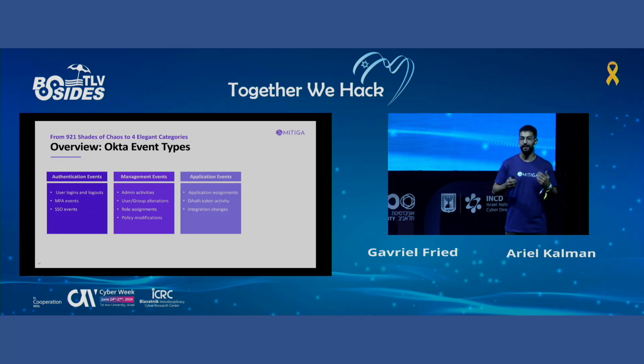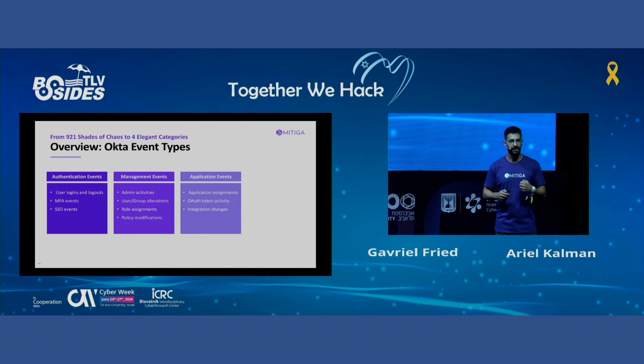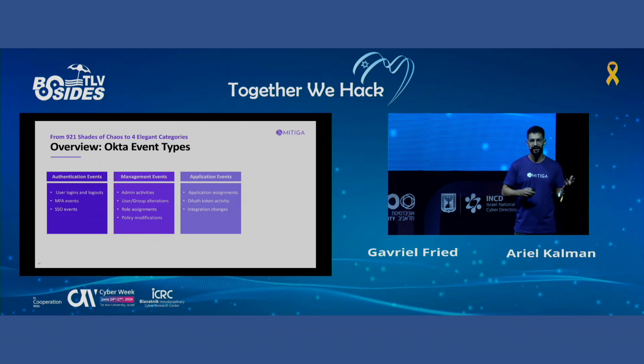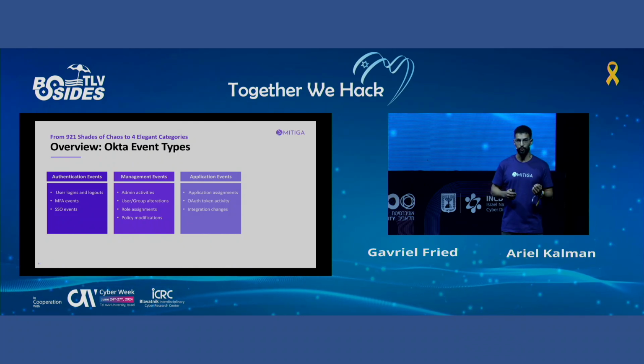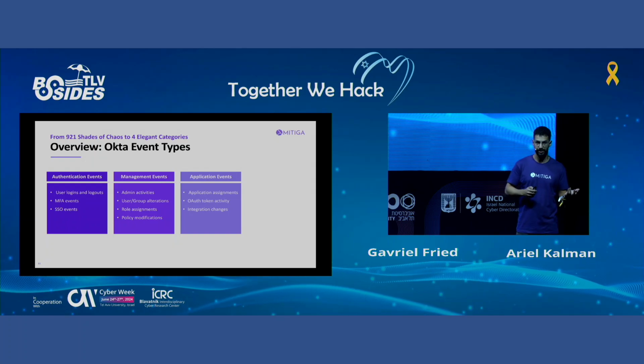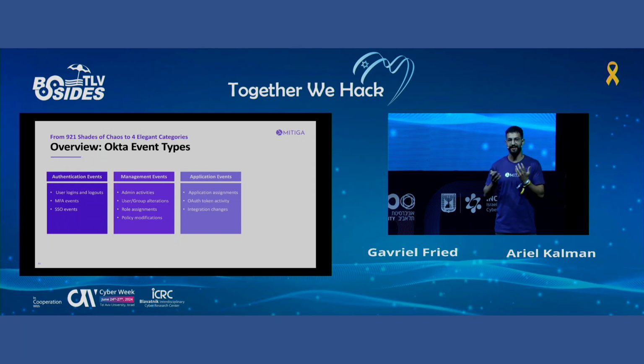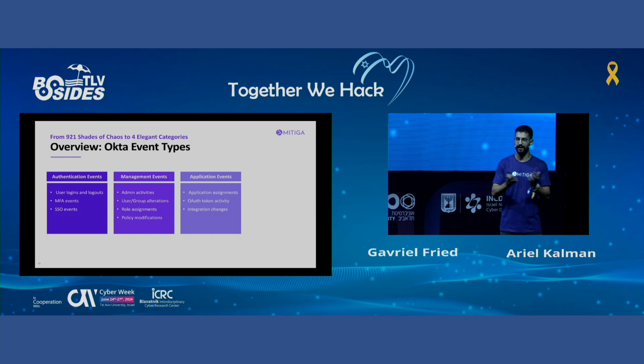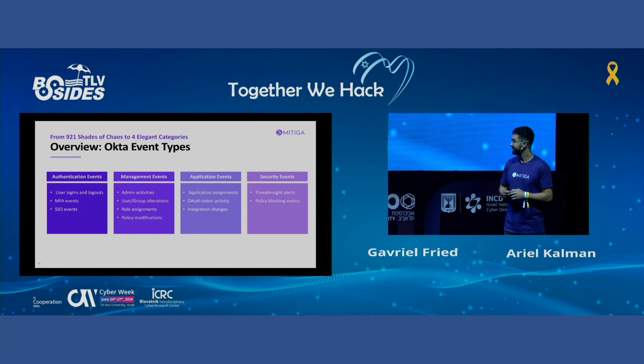The third group is application events, where you can see the actual integration between Okta and different apps. In this group, you can see OAuth token generation and usage, and also integration changes between Okta and different apps.